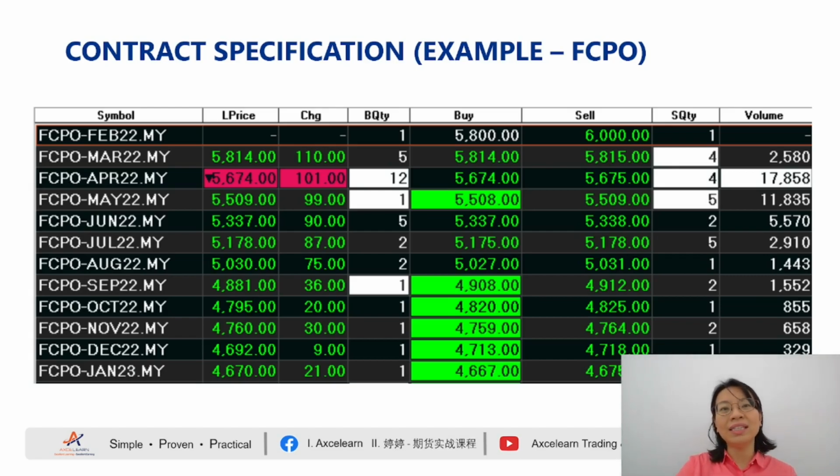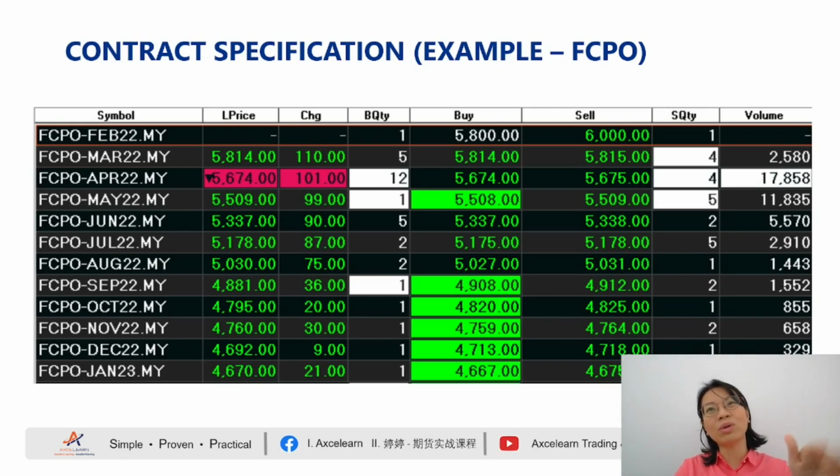I hope this contract specification interpretation will help you understand better when you start trading any futures contract. First thing, remember, take your contract specification and start to read. All the contract specifications are available at the respective exchanges. For example, if I'm going to trade at CME, the Chicago Mercantile Exchange, I search for that particular product on CME and I will be able to get the contract specification.